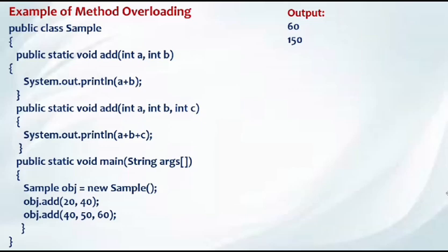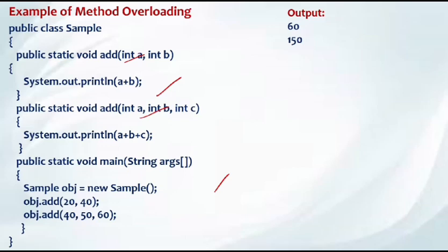If we pass 2 parameters, Java automatically executes the first one. So parameters with 3 means this function will be executed, parameters with 2, this will be executed.